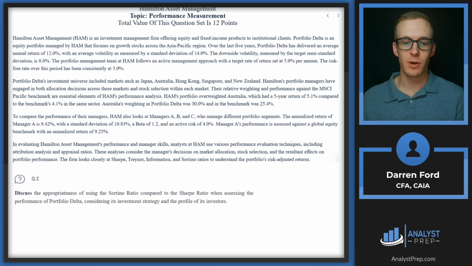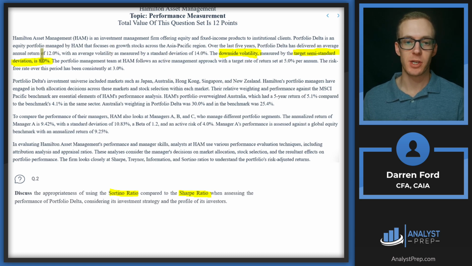So what we have so far is we're comparing Sortino ratio and Sharpe ratio. The key differences here is, like we calculated in the last question, the Sortino ratio is a measurement of downside volatility. So when we're measuring downside volatility, the fund itself has a target semi-standard deviation. That's indicating that the fund has an emphasis on downside protection.